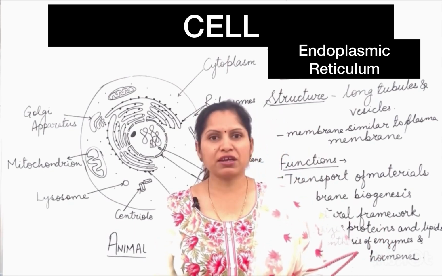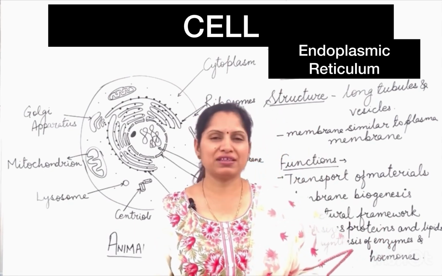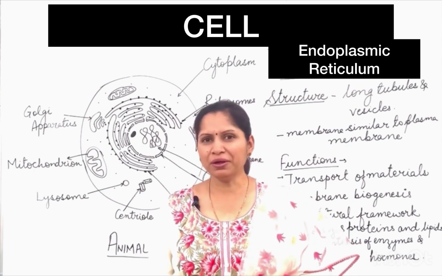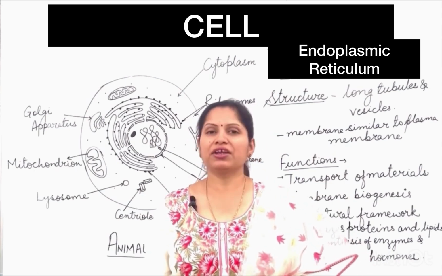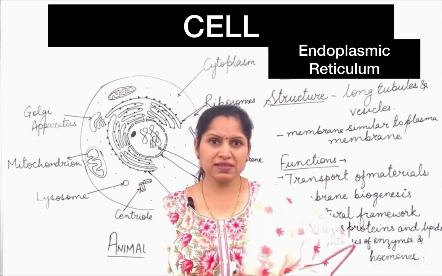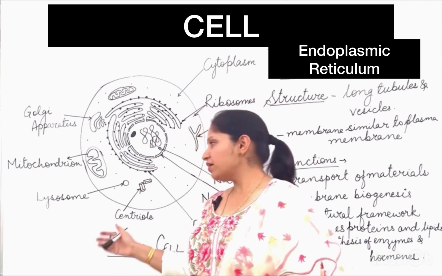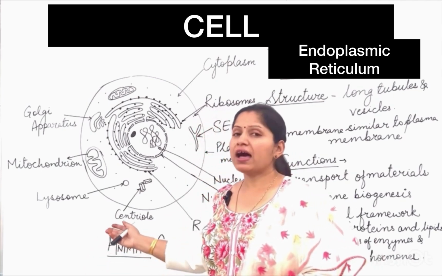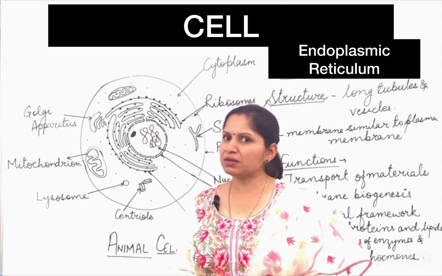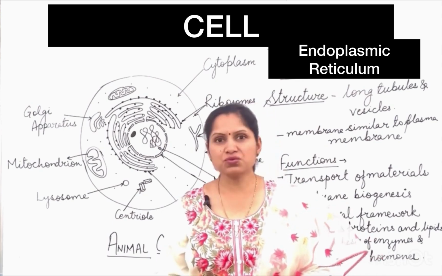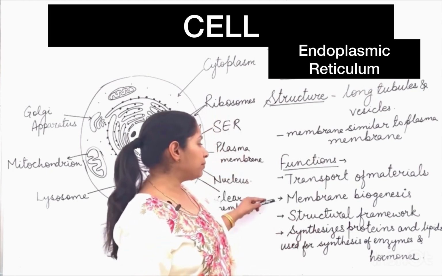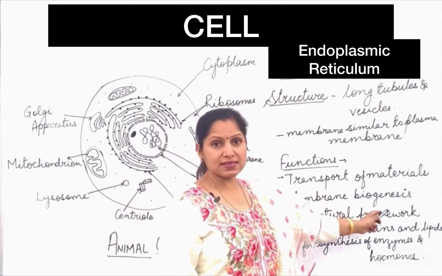Plasma membrane is made up of proteins and lipids. From where are these proteins and lipids coming? From the endoplasmic reticulum. So, proteins required for plasma membrane synthesis come from rough endoplasmic reticulum, and the lipids required come from smooth endoplasmic reticulum. And that is why one of the functions of the endoplasmic reticulum is membrane biogenesis.